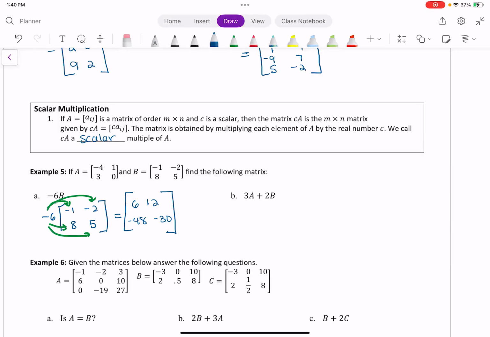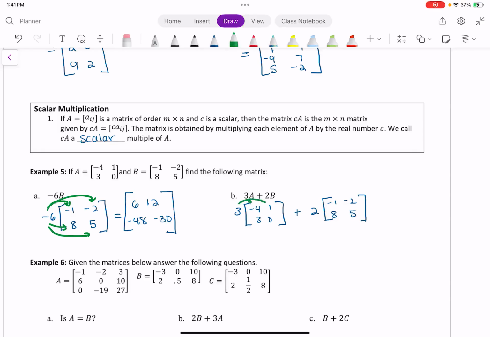Example 5b is just a tad longer, and it includes 2 operations. There's a scalar multiplication and there is an addition. 3 times A, negative 4, 1, 3, and 0, plus 2 times matrix B, negative 1, negative 2, 8, and 5. We are going to multiply first.